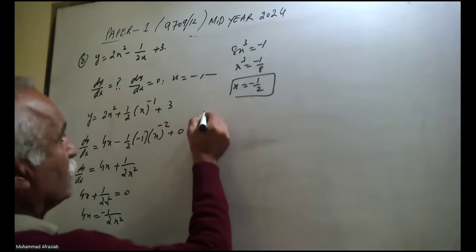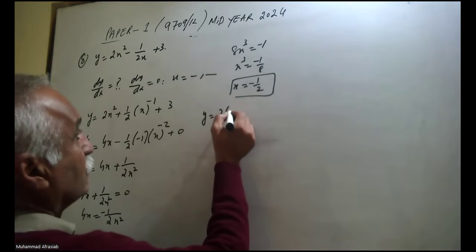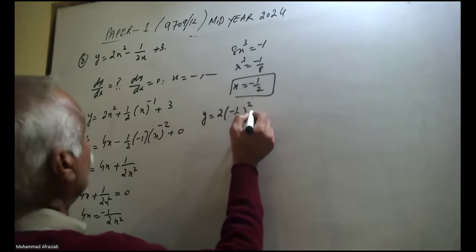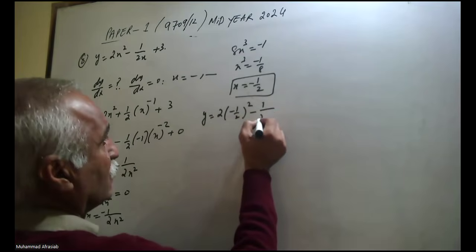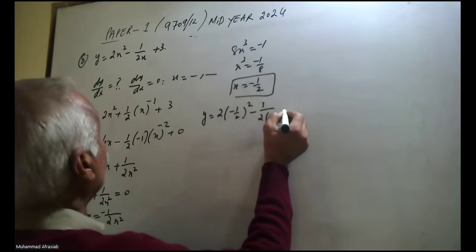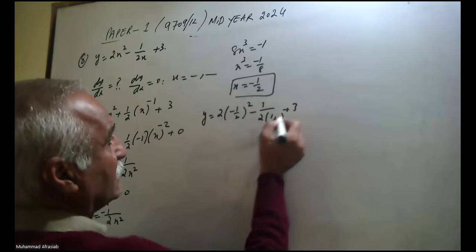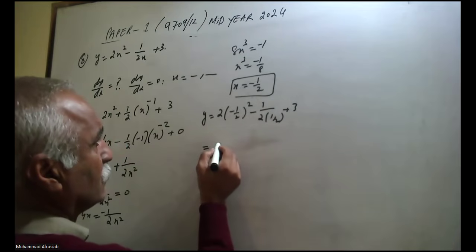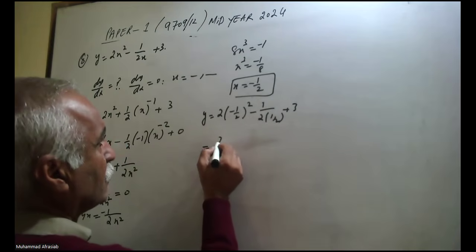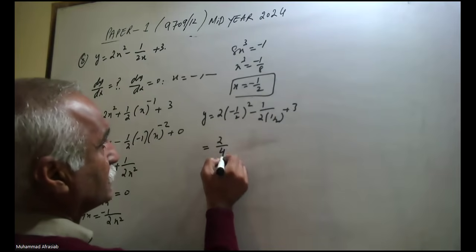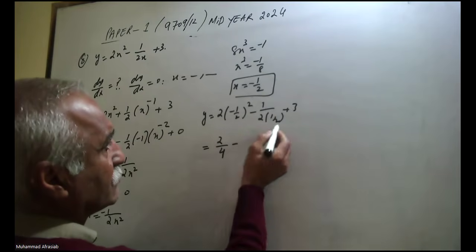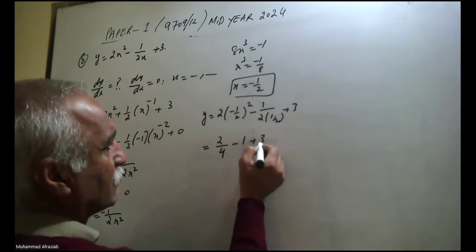Then y value will be equal to 2 into (minus 1 over 2) square minus 1 over 2 into 1 over 2 plus 3. So that is equal to 2 over 4 minus 1 plus 3.